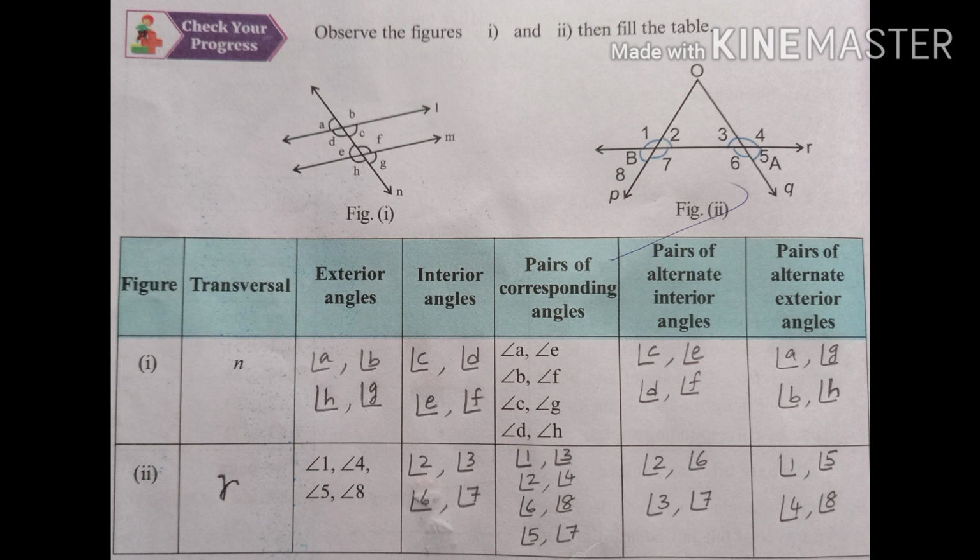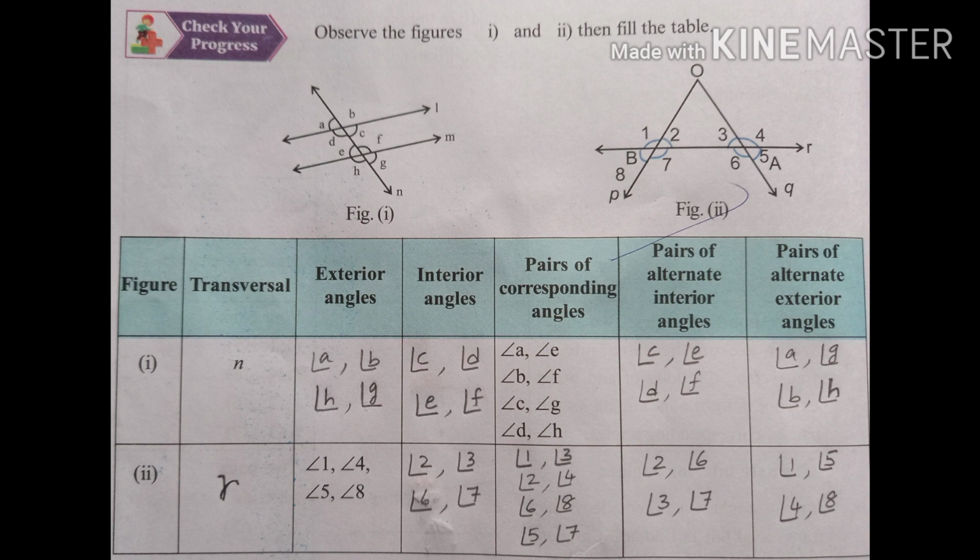Pair of corresponding angles. Pair of corresponding angles means, as I already told, the angles which lie on the same side of the transversal, and one is exterior and another one is interior. See here, angle A and angle E are corresponding angles.